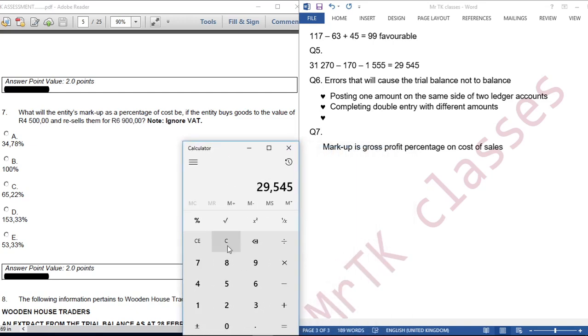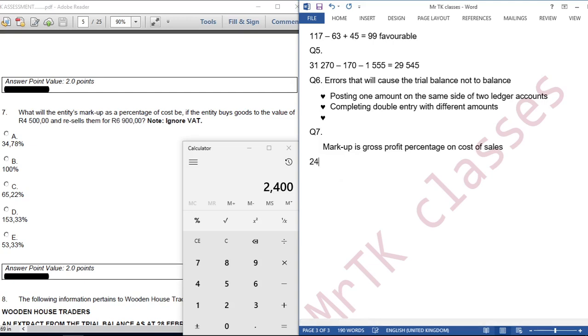Here we are reselling for 6,900, subtract the cost, which is 4,500. So we are going to get 2,400.